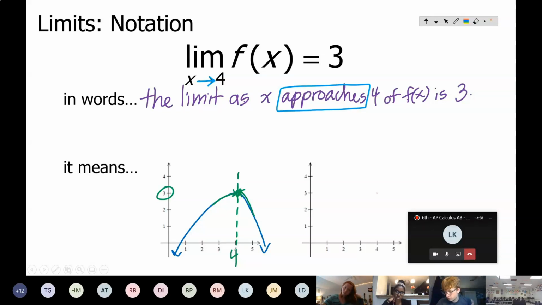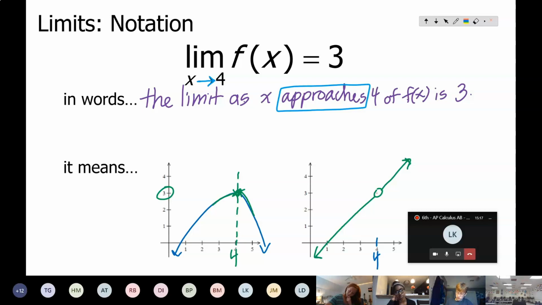For example, I can draw another function. Let's just do a line this time, but I'm going to put a hole on it. This function also has a limit as x approaches 4 being equal to 3. Again, I have 4 on my graph right here, and here's the 3.